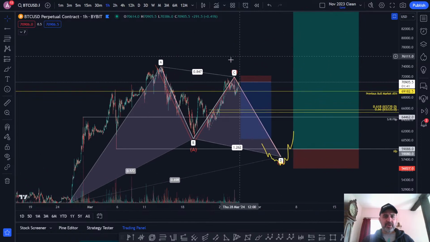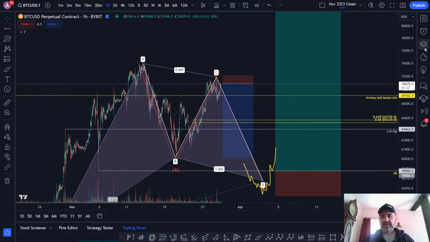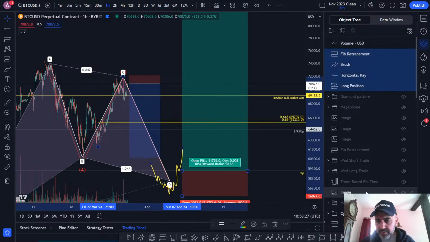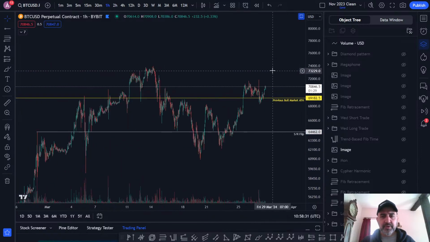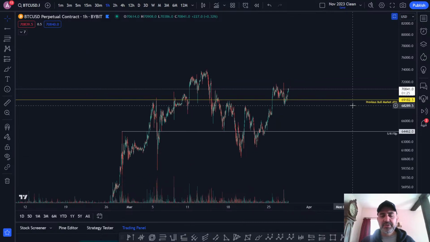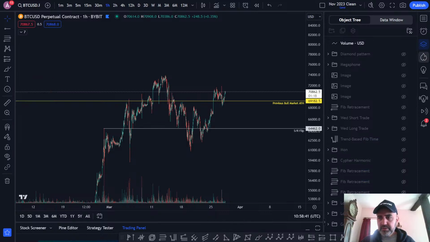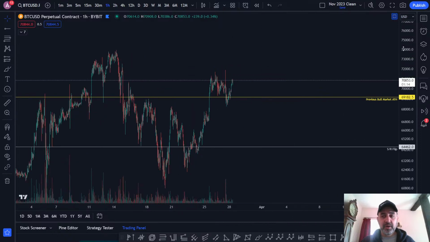So the question is, when it comes to this, let me put this into my harmonic. I've called it cipher. Doesn't matter. The question is, now we're in an ABC correction, are we creating a megaphone to go up?